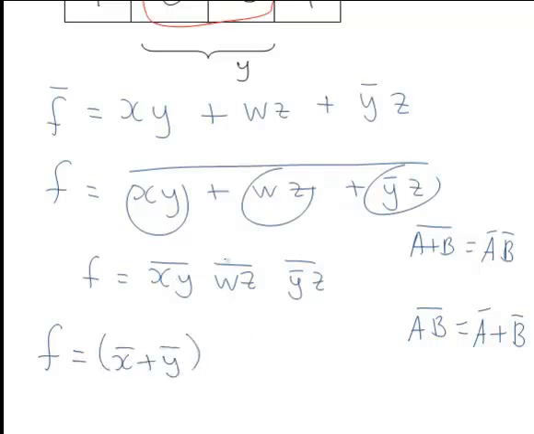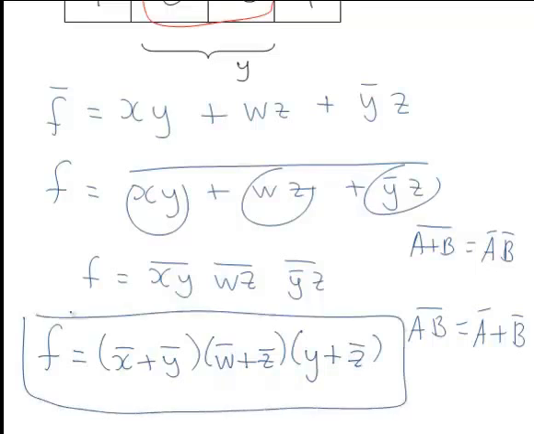The next part, (wz) bar, becomes w bar plus z bar. And the last bit here, (y bar z) bar, becomes y bar bar, which is just y, plus z bar. And this is what is known as the product of sums form, or the minimal multiplicative form of our expression. So there we've found two ways of simplifying a Boolean expression.